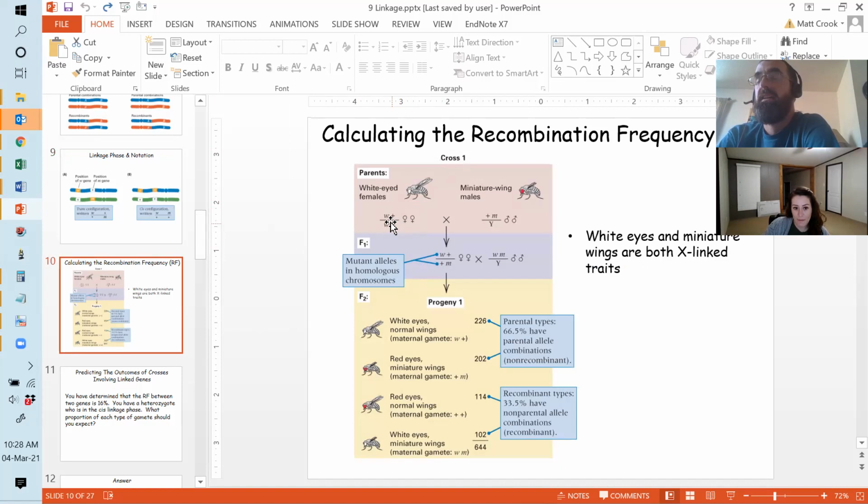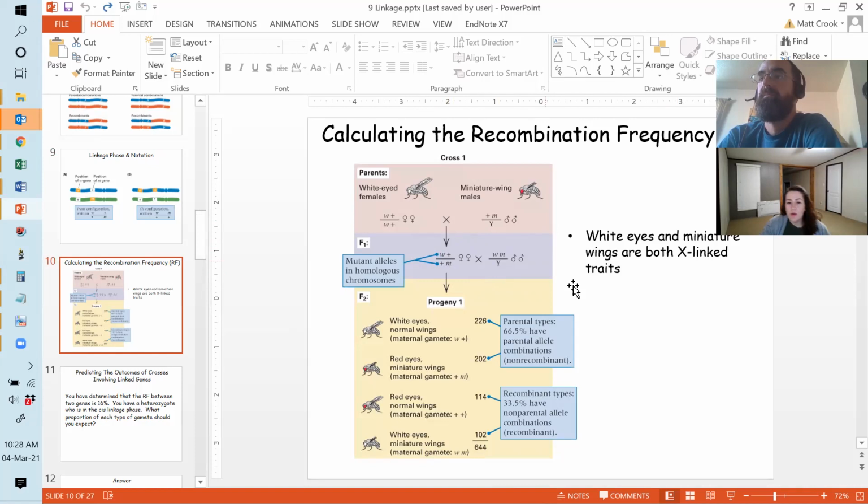And so it has a dominant allele and a recessive allele. So this would be trans linkage. And you can tell even more if you look at the F1s where we have a heterozygote.